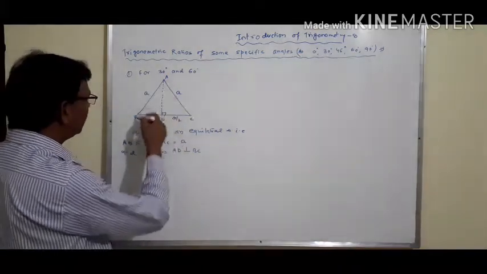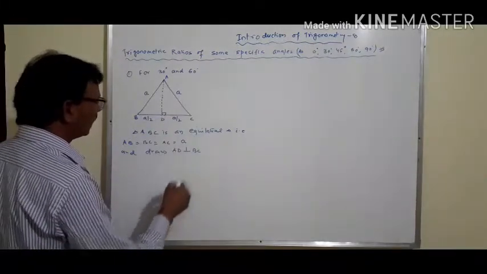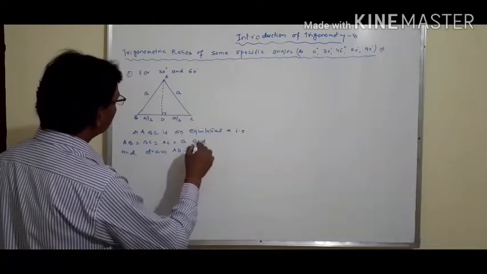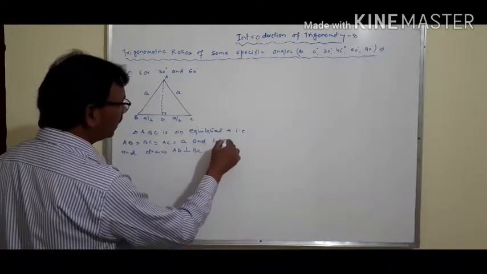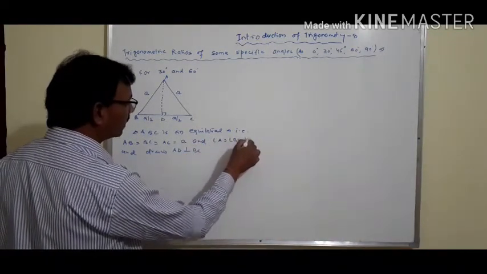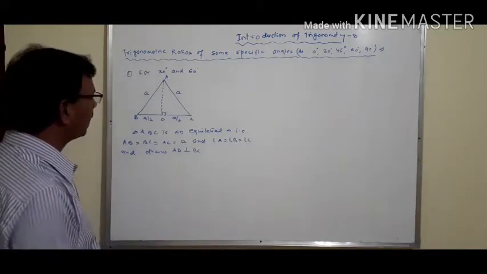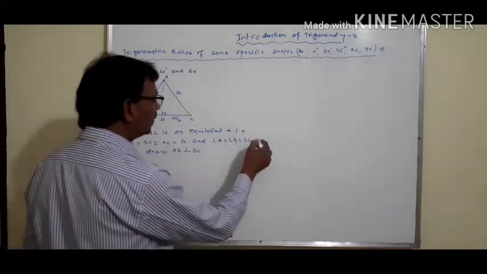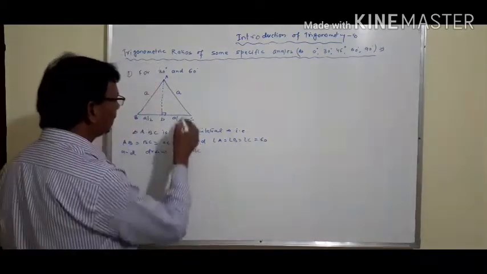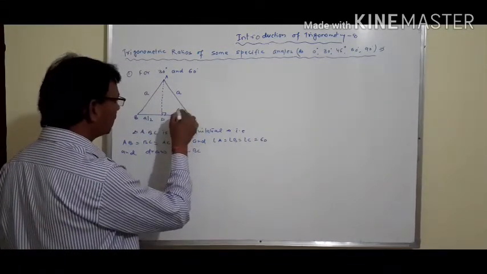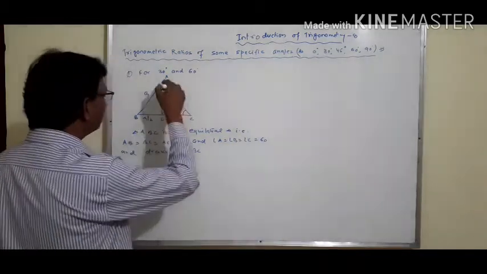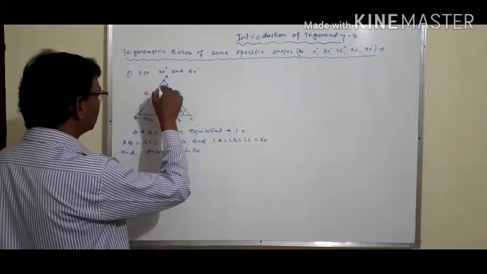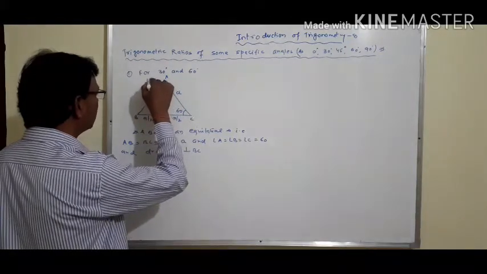Since triangle ABC is an equilateral triangle, angle A equal to angle B equal to angle C, and each will be equal to 60 degree. That means this whole angle A will be 60 degree.